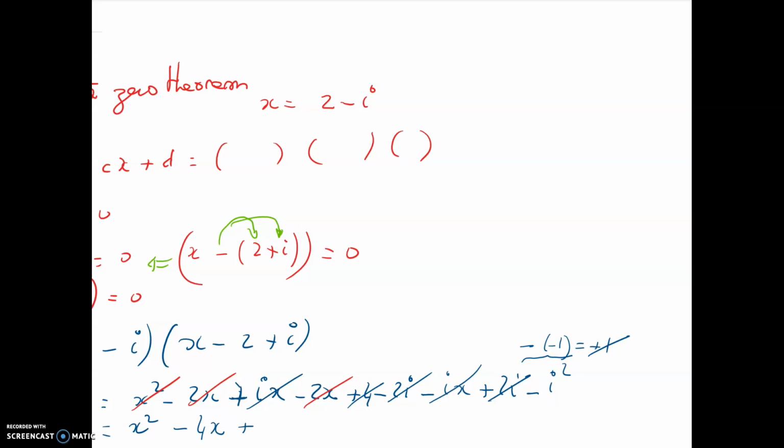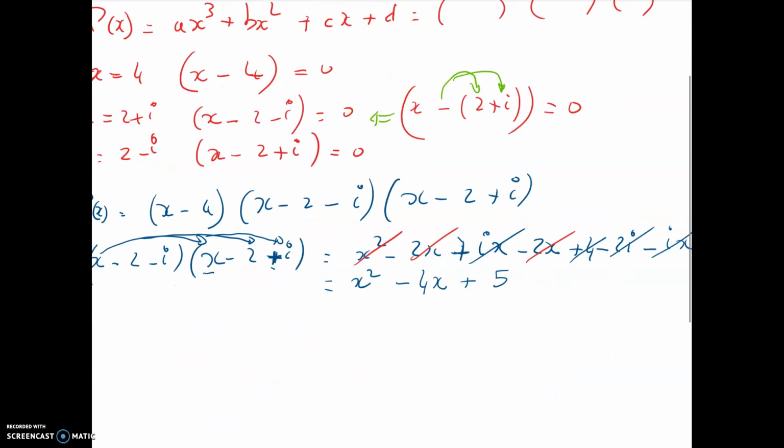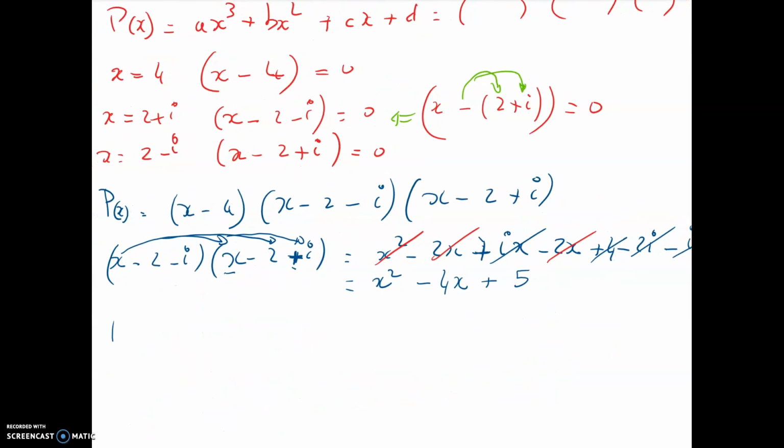Now p of x equals x minus 4 times x squared minus 4x plus 5, and I'm going to distribute.